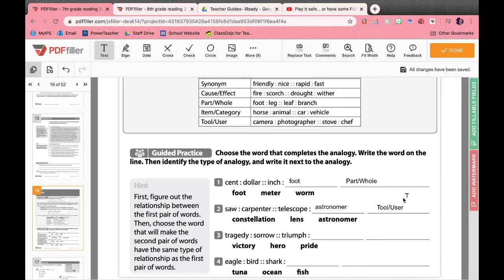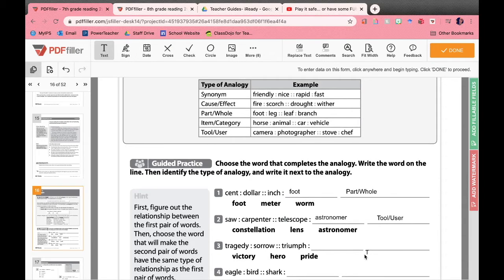Next one says tragedy is to sorrow as triumph is to blank. So, tragedy and sorrow, how are those compared? Well, a tragedy is a bad thing that happens, and sorrow is a feeling that you have. So, what I think is happening here is we see tragedy leads to sorrow. So, which one talks about something leading to something else or something causing something else?